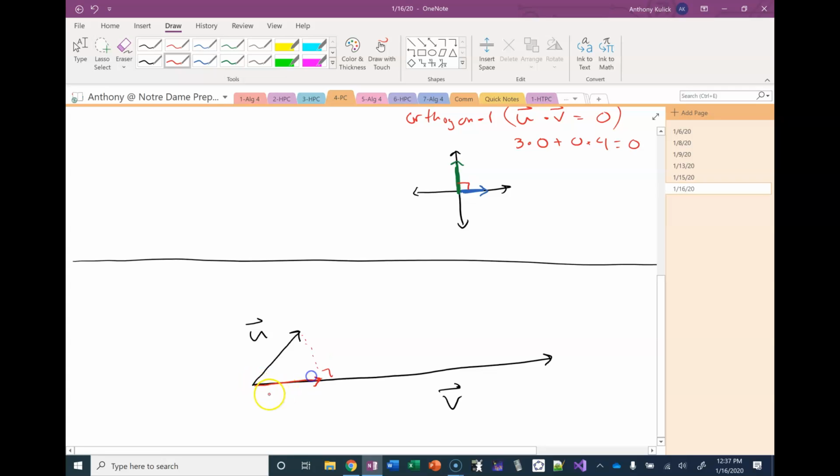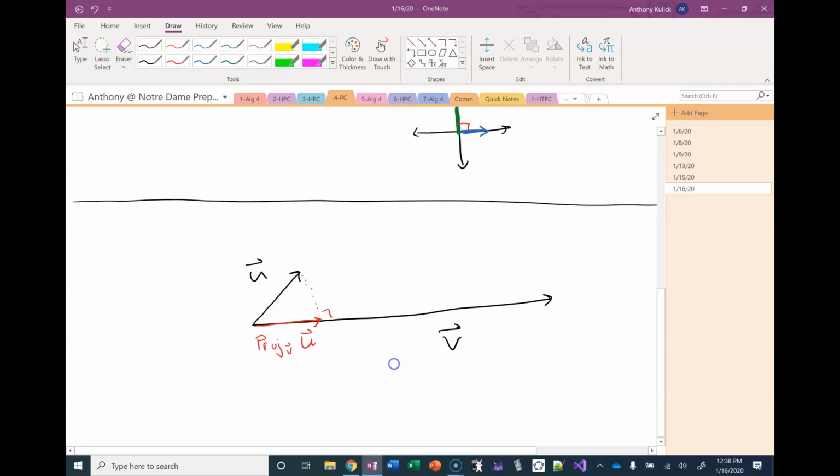And I want to write this vector. This is what we're going to call the projection of vector u onto vector v. And the way we write that symbolically is we write proj, short for projection, and then the vector we're projecting onto is the subscript, and the vector we're projecting is written on the same line.